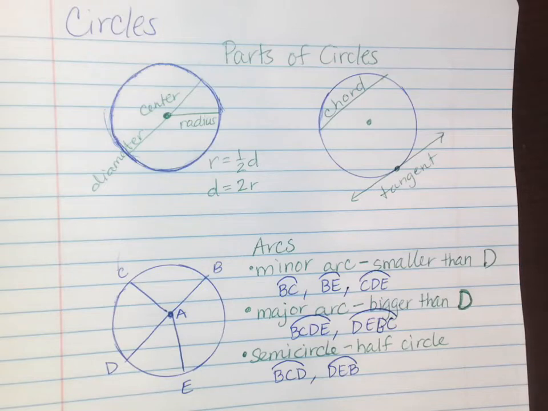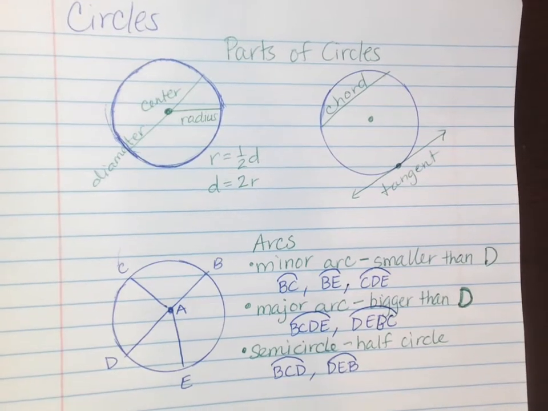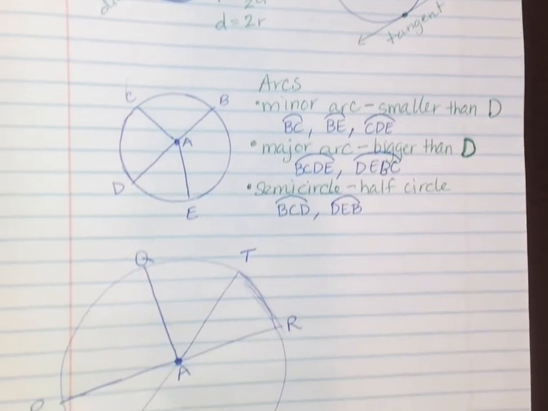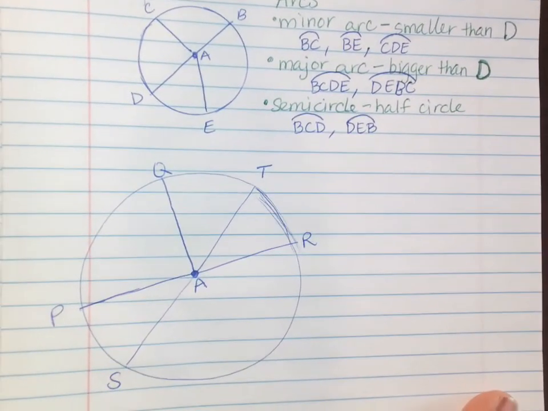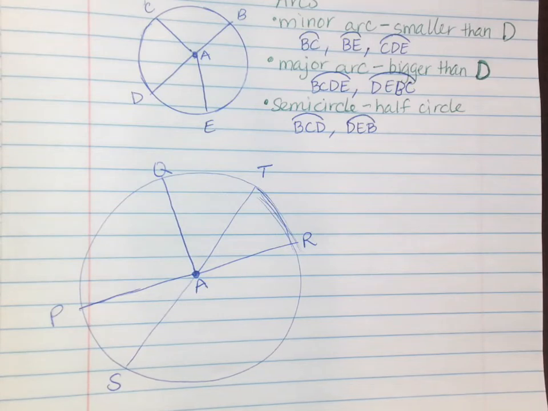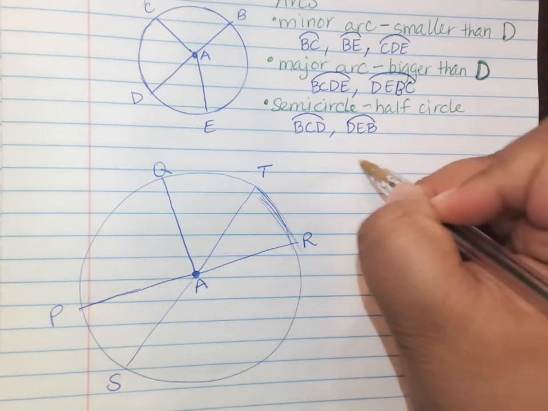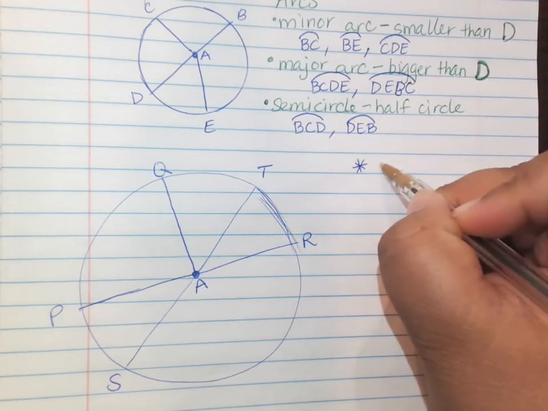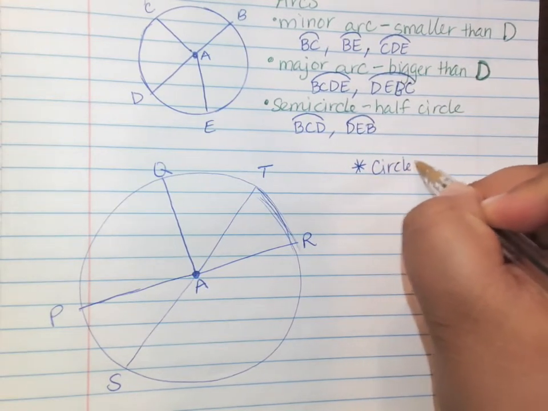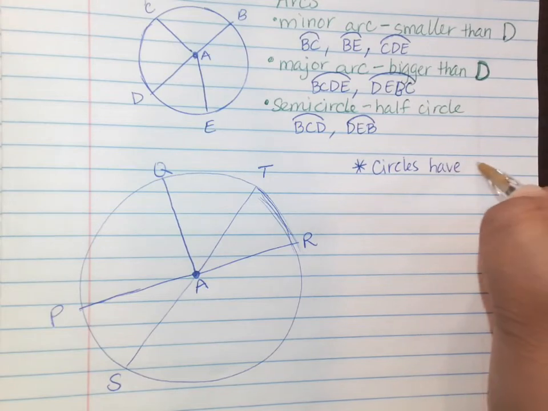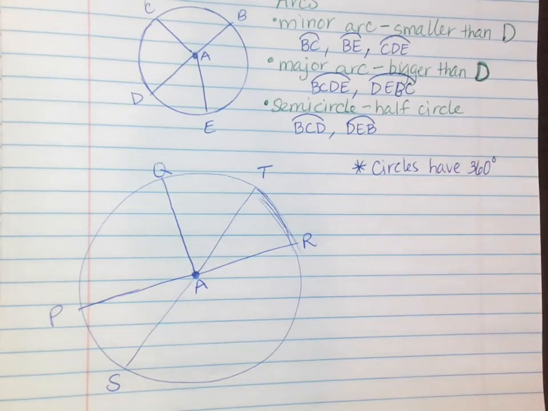One more thing. I'm going to give you an example down here. Before we get into this example, I know I kind of roughly drew it. One thing we have to know about circles is that they have 360 degrees.